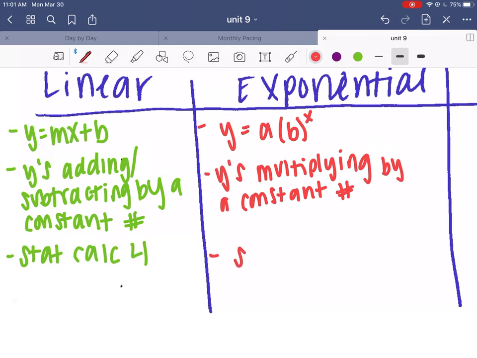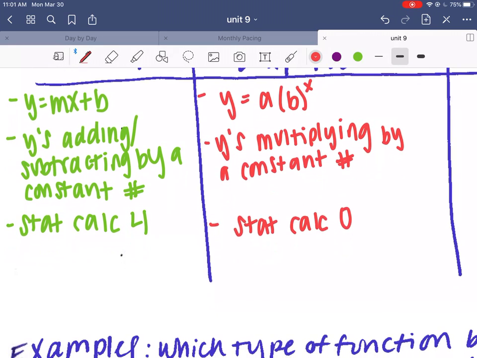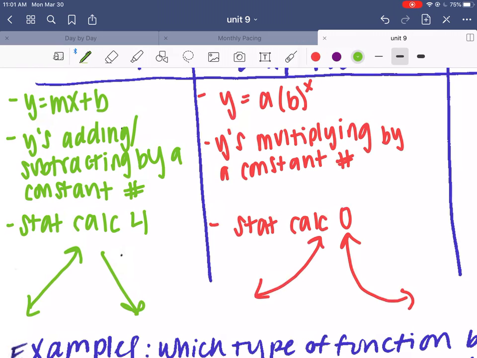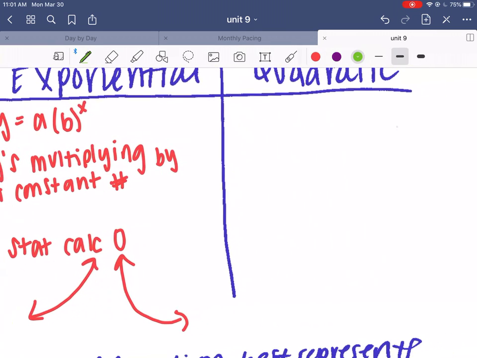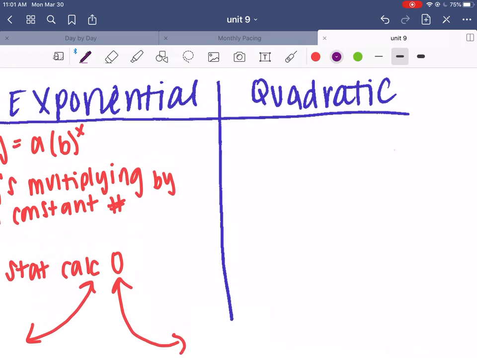And in the calculator, if you have a table and you get an equation, you're doing stat calc 0. Okay, and maybe it's helpful to draw a little picture. So straight lines for linear, curved lines for exponential.